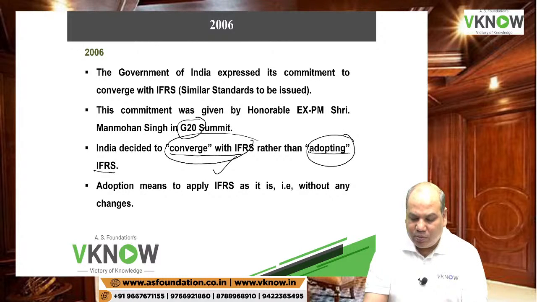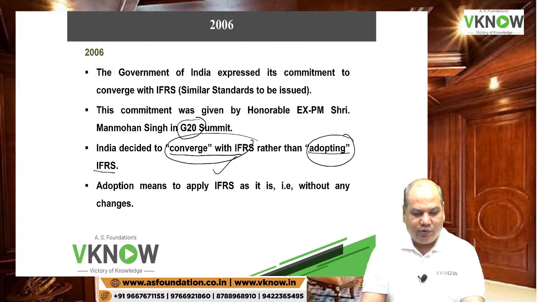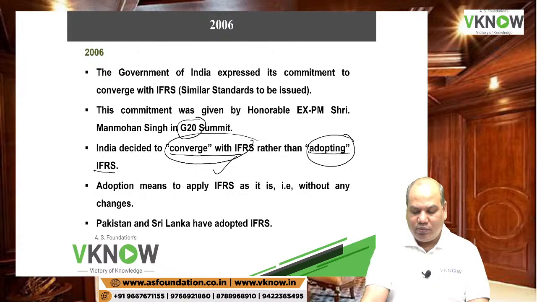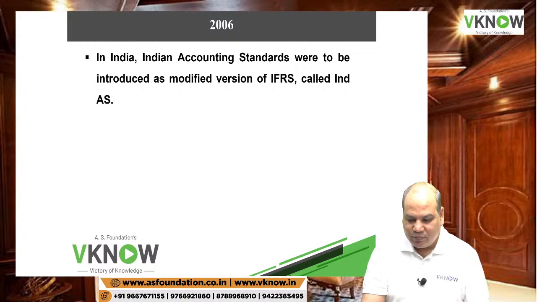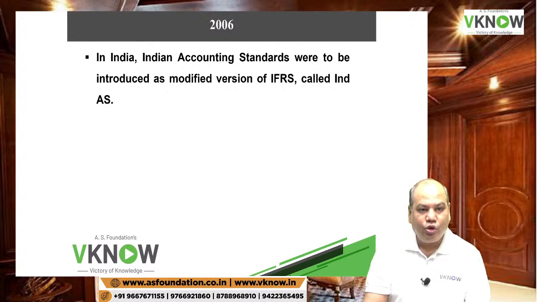So adoption means applying IFRS as it is without any changes. Some countries like our friendly neighbors Pakistan and Sri Lanka have adopted IFRS. In India, Indian accounting standards were to be issued as a modified version of IFRS known as Ind AS.